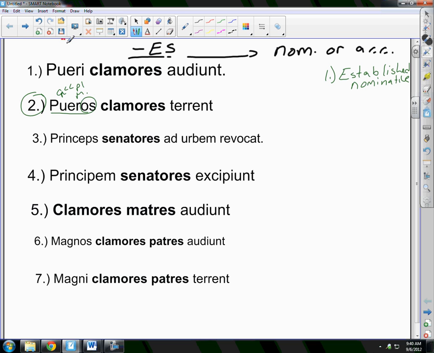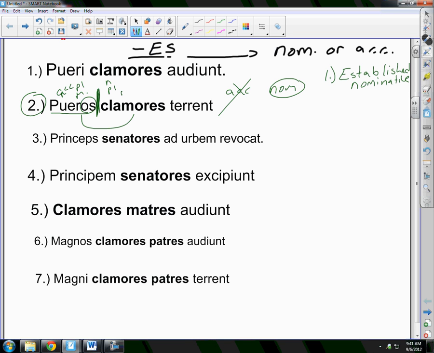In this case, again, I don't have a conjunction to join these two. I'm still trying to decide whether I have an accusative or a nominative. If pueros is accusative, I can't have two accusatives without a conjunction. So accusative is gone. My only possibility for clamores now is nominative.